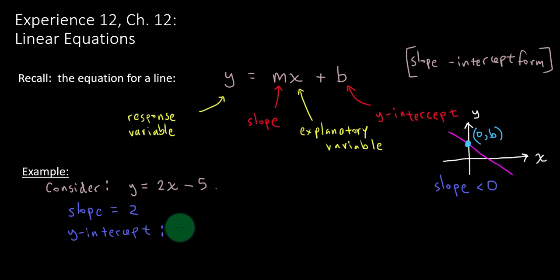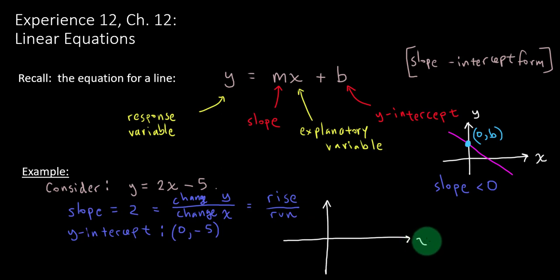So that would be the coordinate (0, -5). And when we think about slope, a way to interpret slope is as the change in y over the change in x. That's why people sometimes call this rise over run.